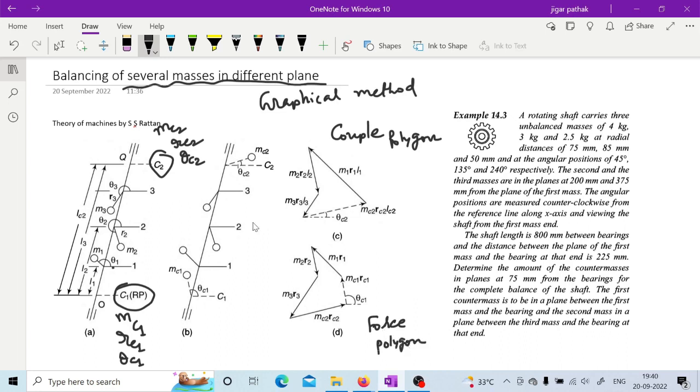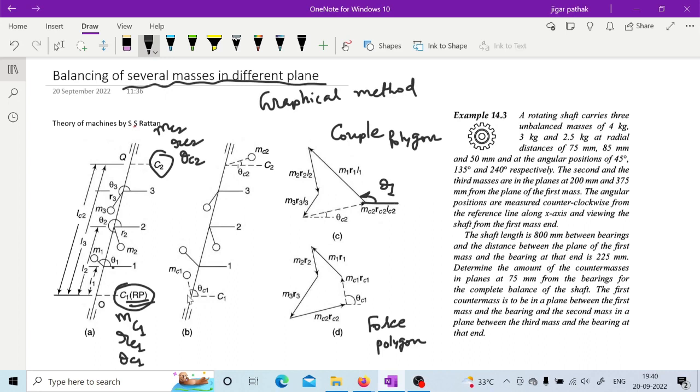So what is done here is first they have taken C1 as a reference plane, as you can see. With reference to this plane, the moment or couple generated by all the forces is considered, like M1, R1, L1, M2, R2, L2, M3, R3, L3, like that, and they have started drawing this polygon, right, M1 R1 L1 at an angle theta 1, which is provided here.